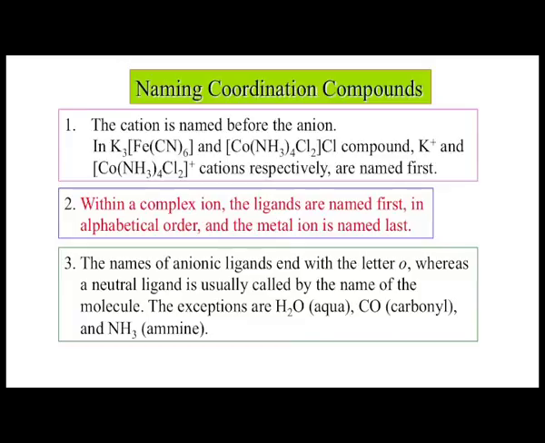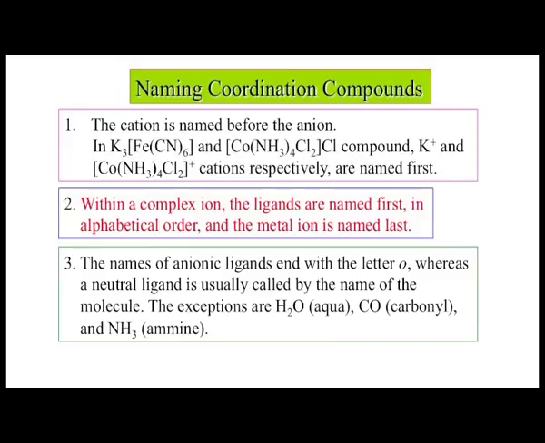Whereas the neutral ligand is usually called by the name of the molecule. So, we do not change the name of the molecule. If it is a neutral one like the water molecule, it is aqua. We just simply say aqua when water is coordinated, when 6 water molecules are surrounding the iron center in some hexaaqua compound. So, we say hexaaqua iron 3.